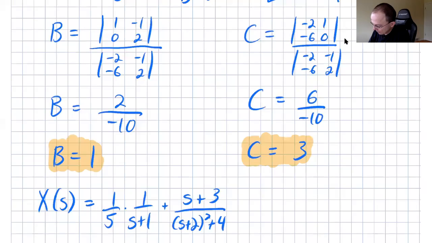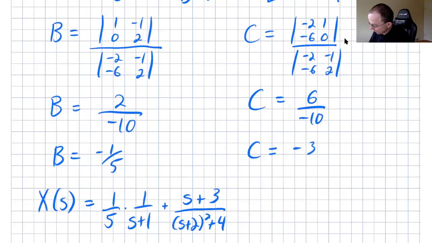So that means that these values here are going to be -1/5 and then minus 3/5. Okay, so those are the values that we have here.